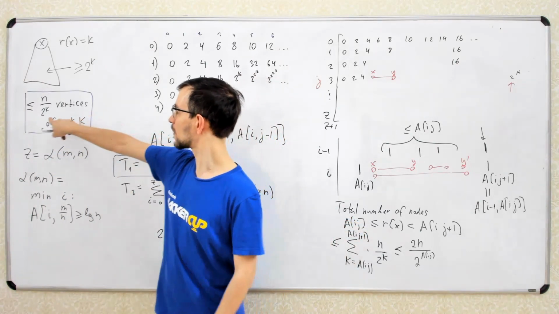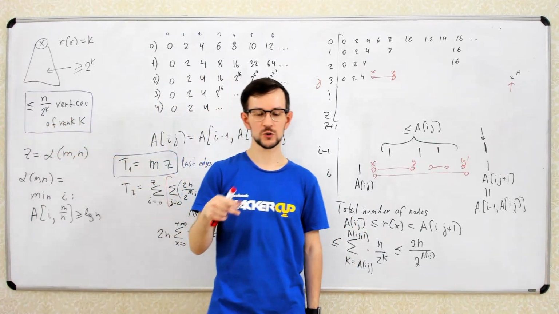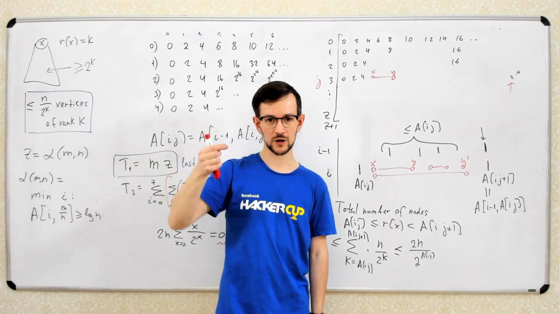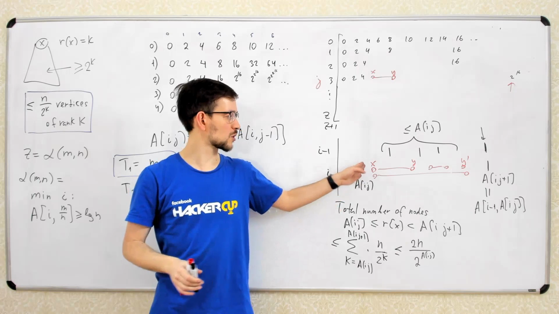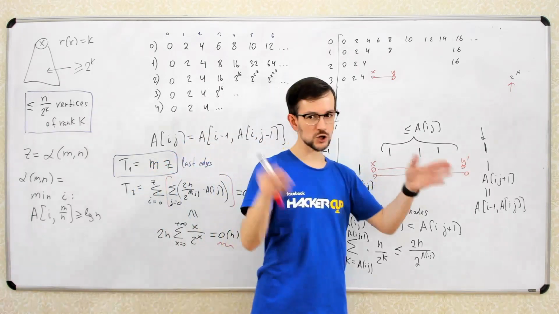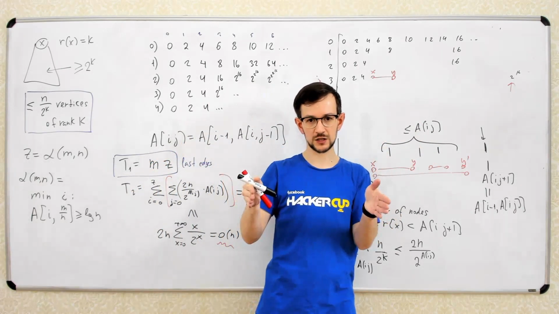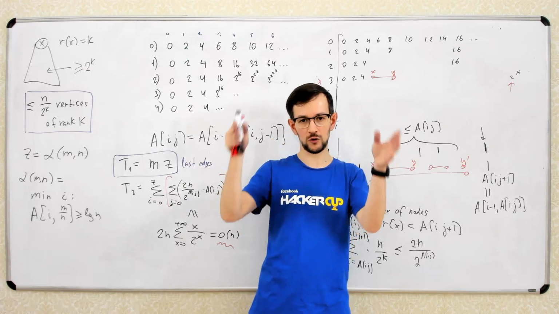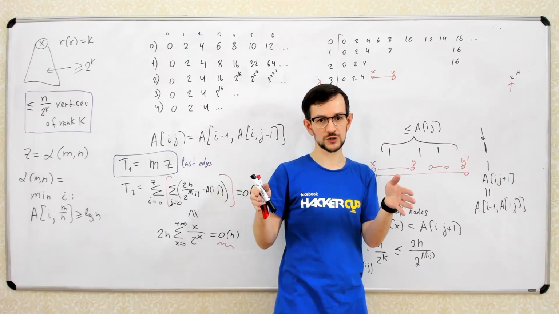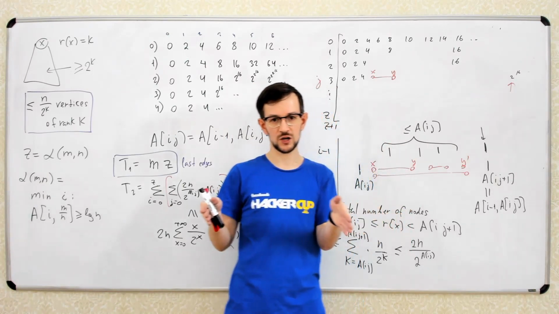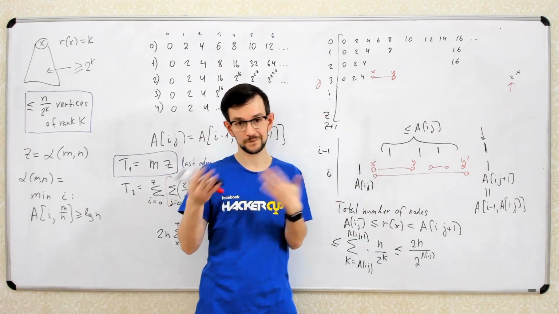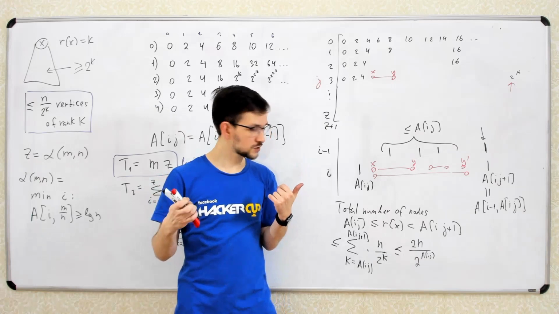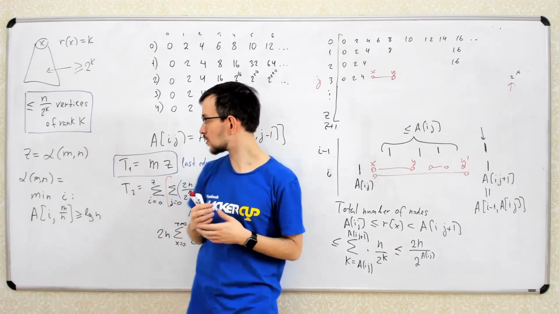Because the number of nodes of class k is at most n over 2 in power k. So if you look at the number of nodes in some range of ranks, if you take some range of ranks and take the sum of all nodes in this range, you will have some sum of geometrical progression, so it will still be constant. That's all the trick.